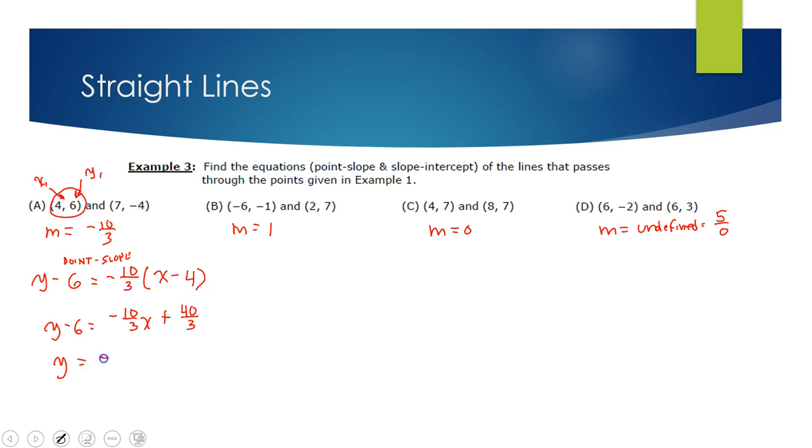So -10/3 x plus 40/3 plus 18/3, because that's what 6 is. I'm adding 6 to both sides. And so y equals -10/3 x plus 58/3 is the equation of the line in slope-intercept.